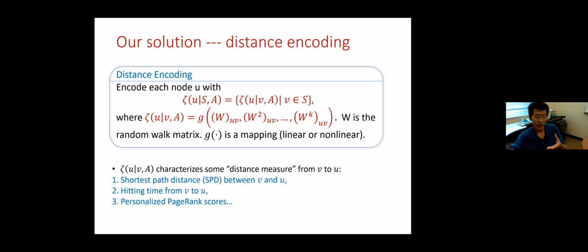It includes the shortest path distance between these two nodes U and V, or hitting types of the random walk that start from V and land at U, and also personalized PageRank scores between U and V. So just based on different specifications of the mapping g, you will have a very simple version of this distance encoding.